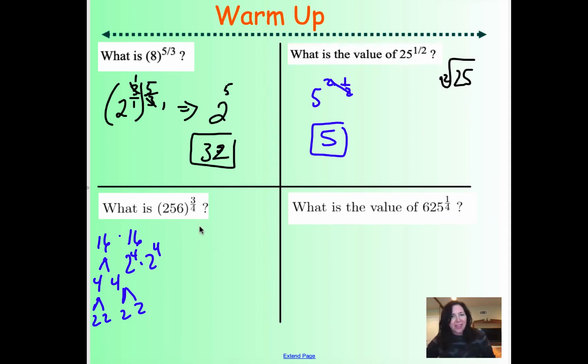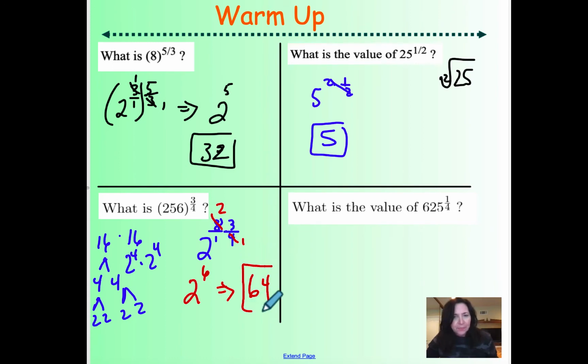Keep the base, add the exponents. 256 is 2 to the 8th power. Now that's 2 to the 8th power to the 3 over 4 power. The 4 cancels, makes 1, goes in there twice. 2 times 3 is 6, so this is 2 to the 6th power, which is 2 times more than 32, so that's going to be 64.